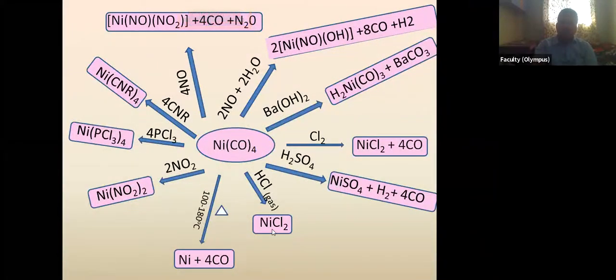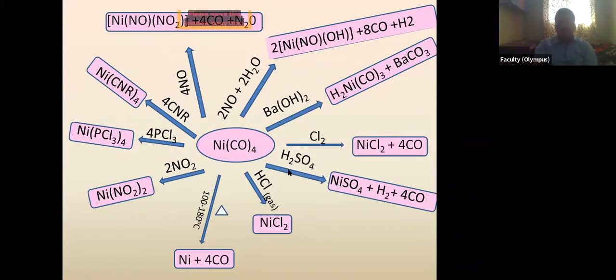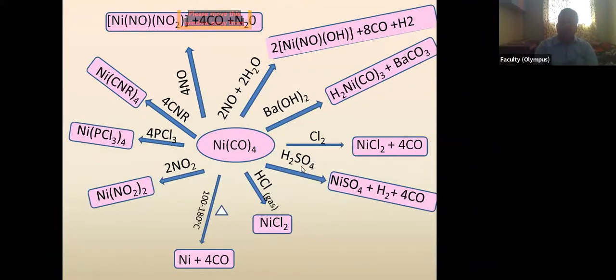So this is another reaction of nickel tetracarbonyl. And the third reaction is with H2SO4. When it reacts with H2SO4, we get nickel sulfate, a salt, just like nickel chloride is also a salt. We get nickel sulfate, then hydrogen gas and 4 carbon monoxide molecules.